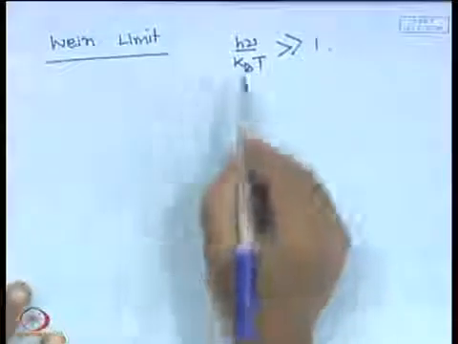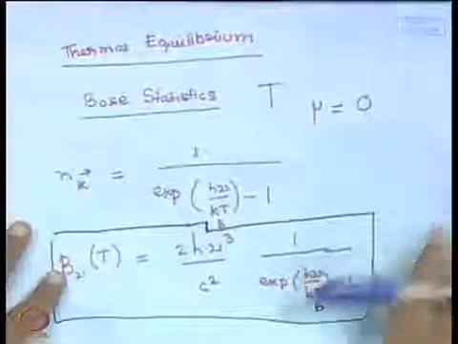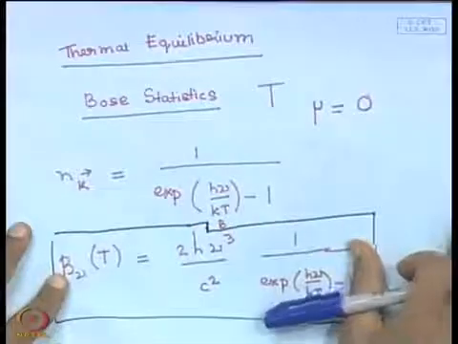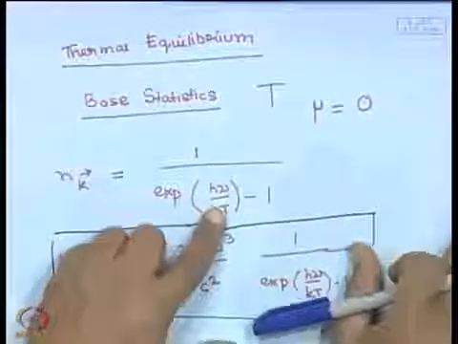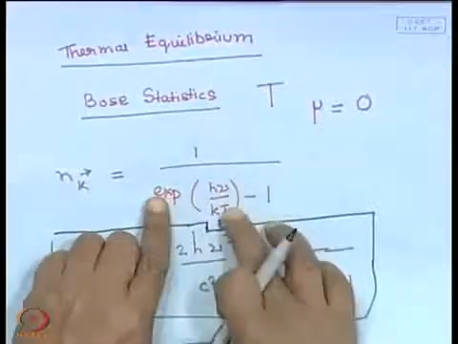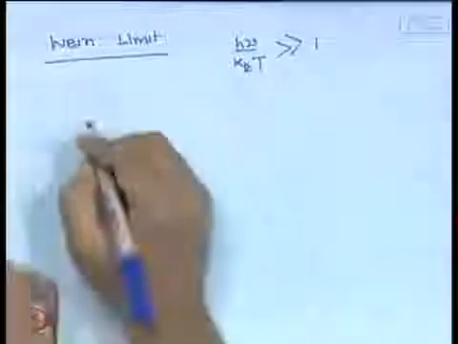So, if h nu by kBT is much greater than 1, the occupation number is essentially exponential minus h nu by kBT, because this number is very large, much greater than 1.